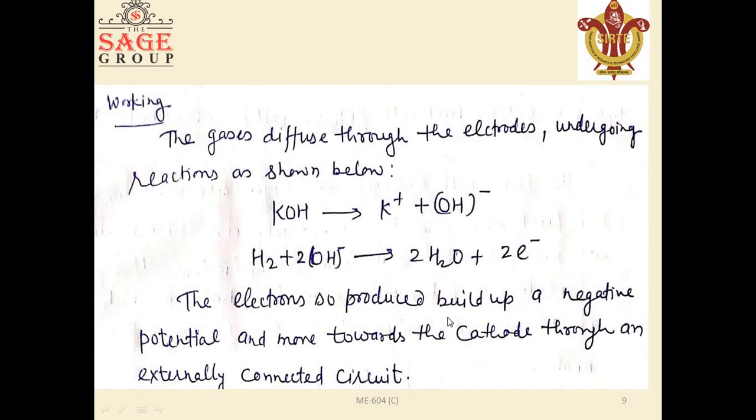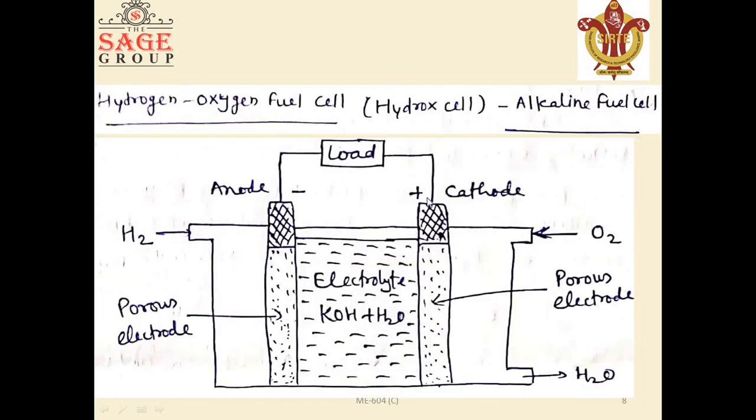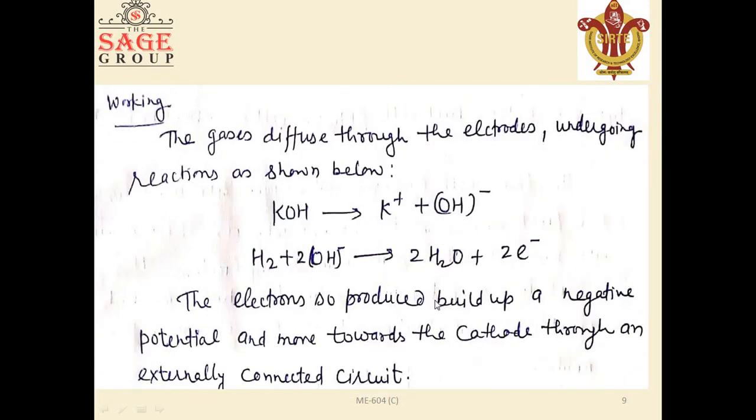The electrons so produced build up a negative potential and move towards the cathode through an externally connected circuit, from the anode to the cathode.